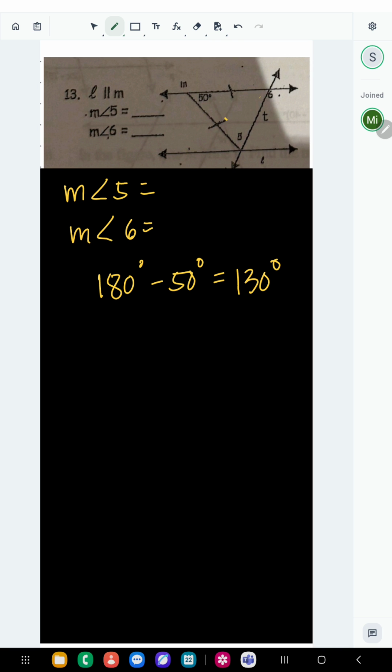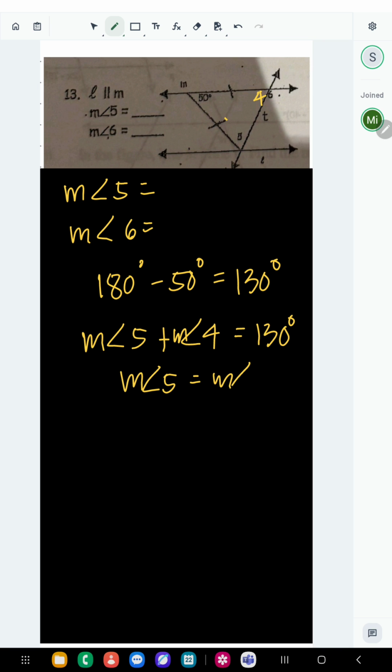So the measure of angle 5 and the other angle, let's say this is angle 4, the measure of angle 5 plus angle 4 is 130 degrees. But the measure of angle 5 is equal to the measure of angle 4. So this is just 2 times the measure of angle 5 equals 130 degrees.